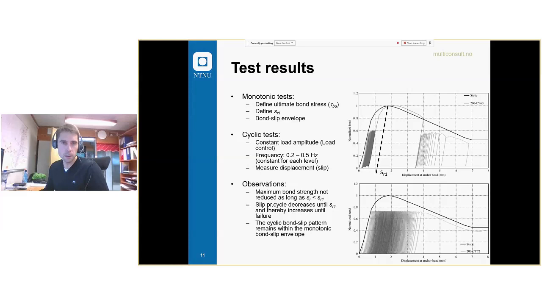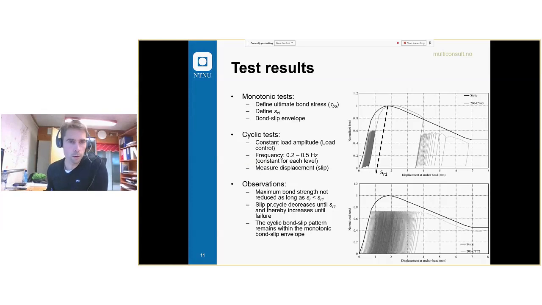That's why this line is inclined. And we define the bond slip envelope, which is this black curve. Cyclic tests were performed under constant load amplitudes, load control, frequencies between 0.2 and 0.5 Hertz, depending on the load level. And we measured displacement or slip as we performed this test.